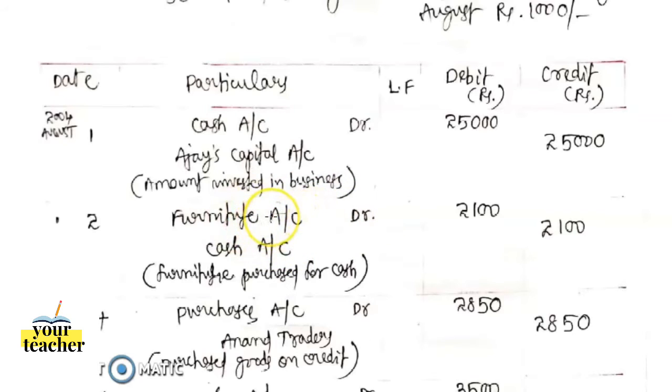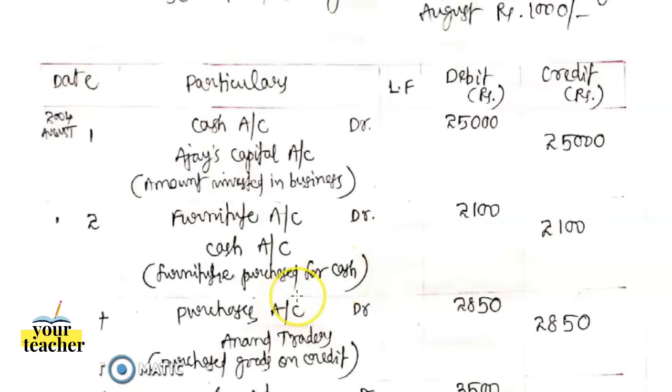Furniture is whatever comes in, so you represent it on the debit side, 2,100, and what goes out is the cash. So for the cash account you write 2,100 on the credit side. In the bracket, you can give a brief explanation: furniture purchased for cash.